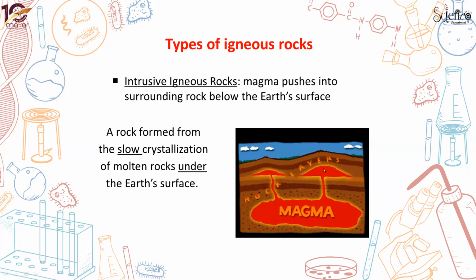This cooling happens very slowly. Since it happens very slowly, the atoms will have their time to arrange themselves and form crystals. If I have slow crystallization under the surface, we call this type of rocks intrusive igneous rocks.